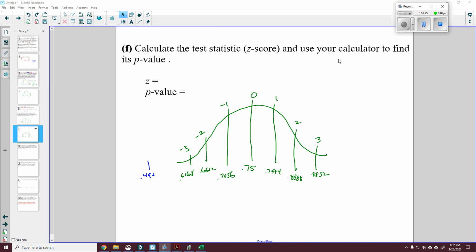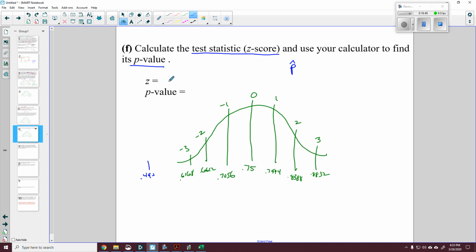To carry out this test of significance, we have to calculate our test statistic. That is the z-score for our p hat. And then we're going to use our calculator to find its p-value, which represents the area under the curve of the normal model at that z-score.